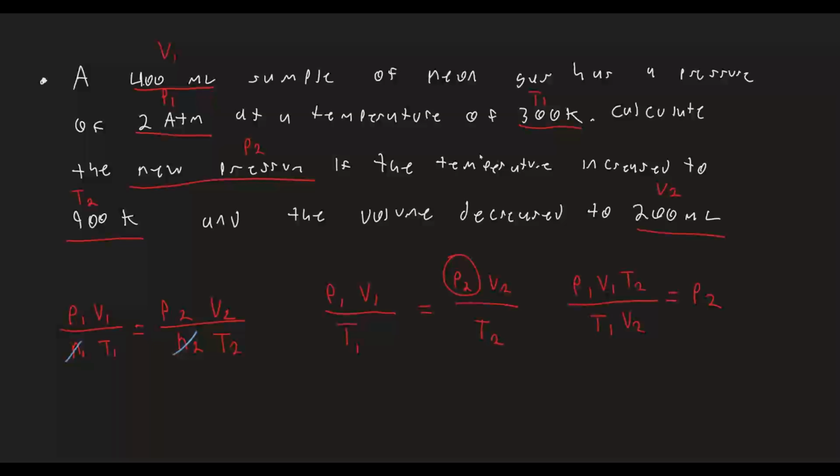And at this point, all we need to do is just plug our variables into it. So let's do that. We have an initial pressure of 2 atmospheres. We need a volume now. So we have an initial volume of 400 milliliters. We need our temperature 2, and our temperature 2 is 900 Kelvin.